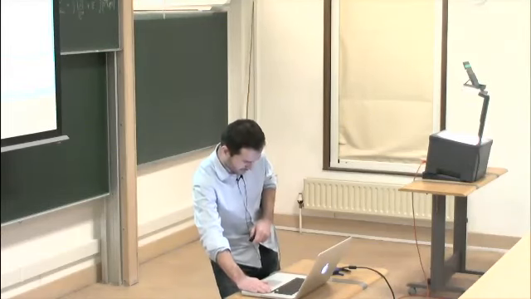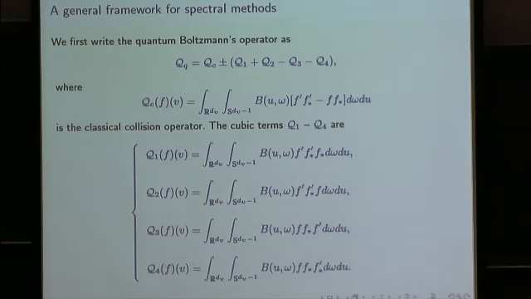Okay. So now we can rewrite the quantum Boltzmann equation as the sum of the classical Boltzmann operator plus four operators Q1, Q2, Q3, and Q4, which are given by this formula. Here, I will not describe the numerical method for all of them, but I just want to focus on the most non-local operator, I mean Q1, which is written like an integral over f prime star and f star.